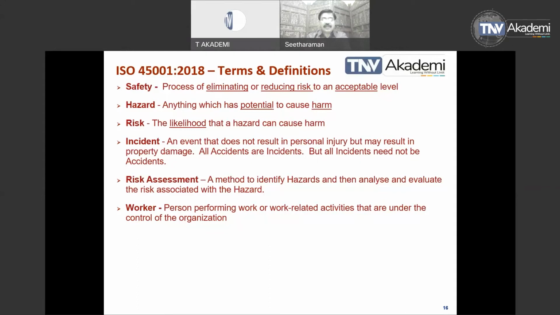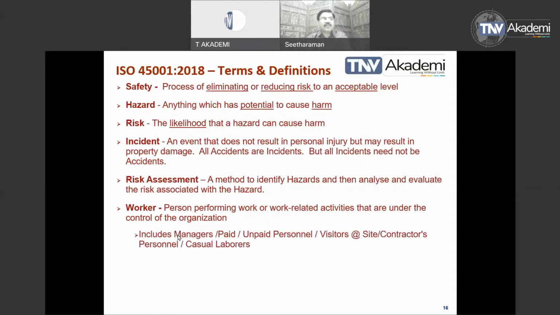That means everybody who is in the organization at the particular point of time, including managers, paid, unpaid personnel, visitors at site, contract personnel, casual laborers, all human beings, I would say, inside the factory premises are considered as workers. So worker means you do not consider only the people working with the machines. Even white collar worker, blue collar, management, top management, MD of the organization, all are considered workers because life is precious for all.